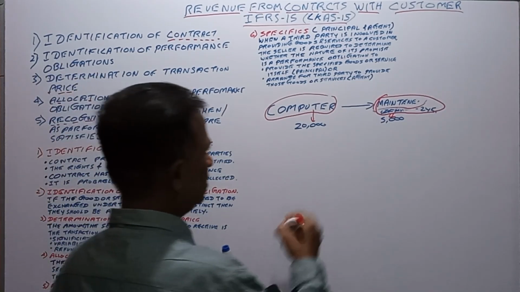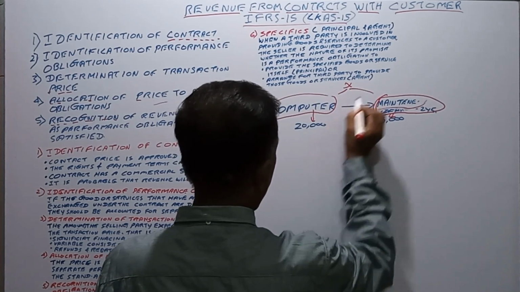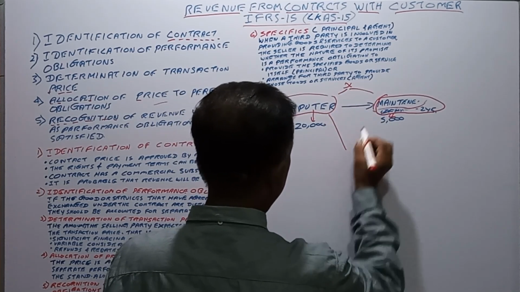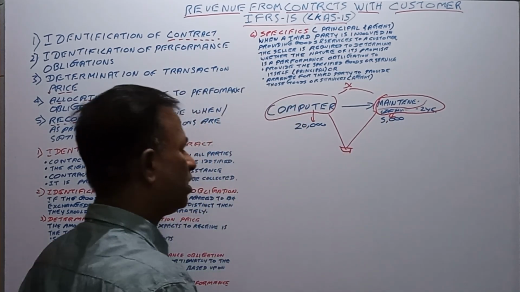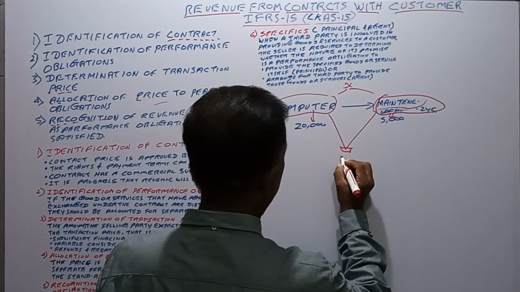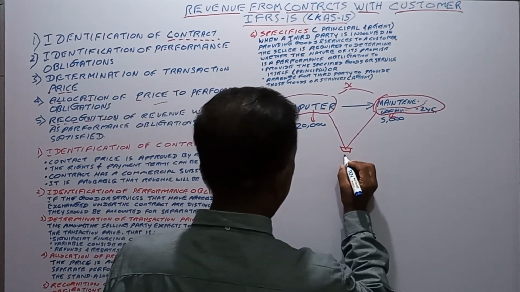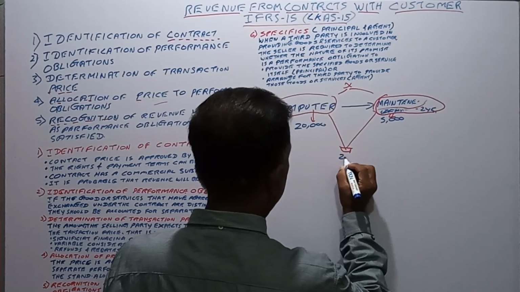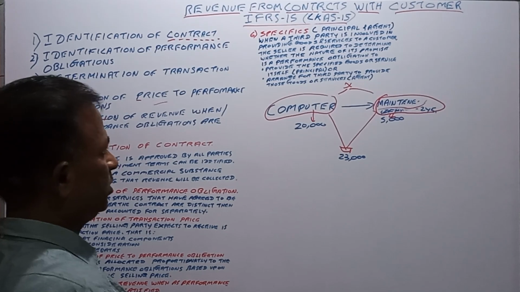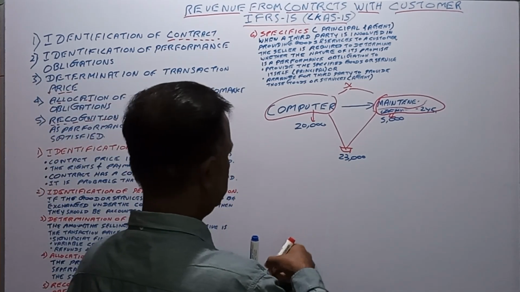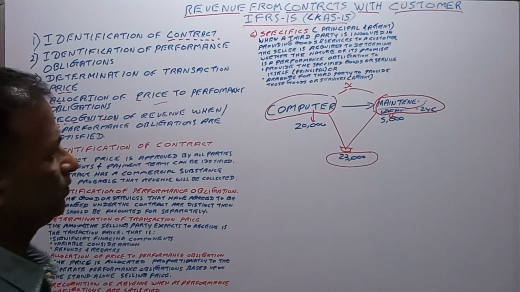Now the seller will sell both together as one package. He will offer 23,000. If you purchase both together, you will get it for 23,000.